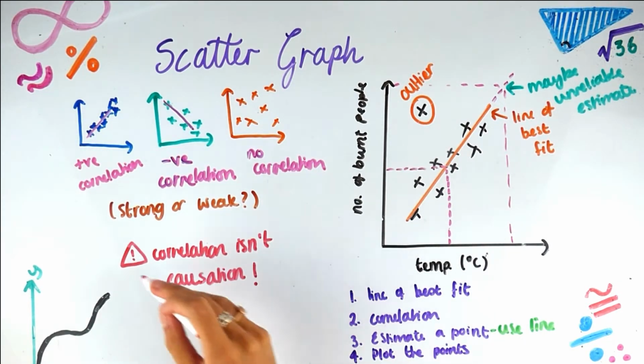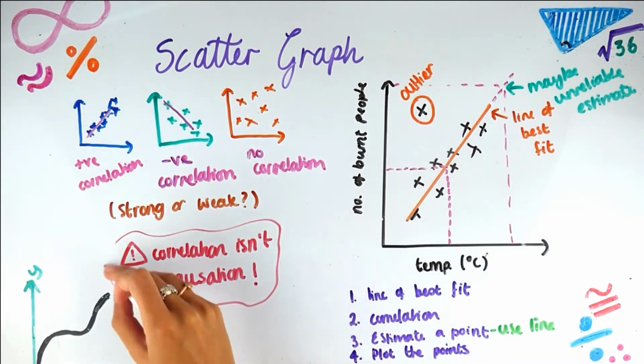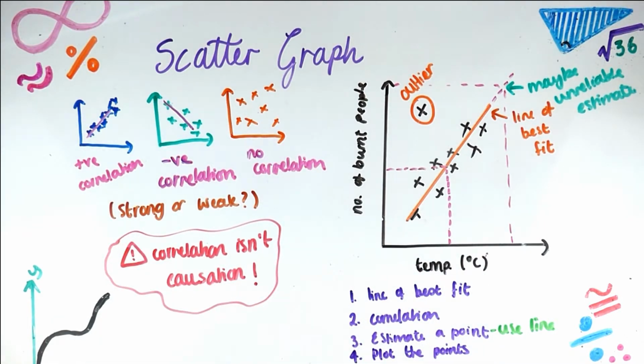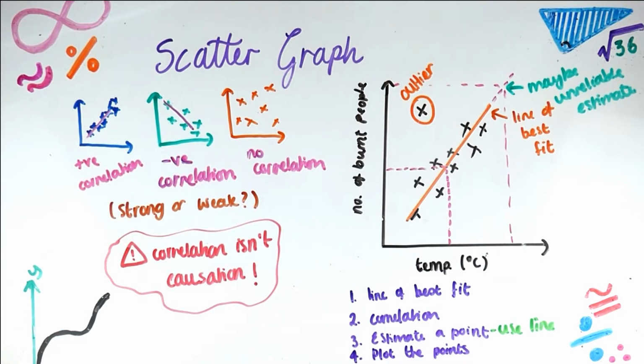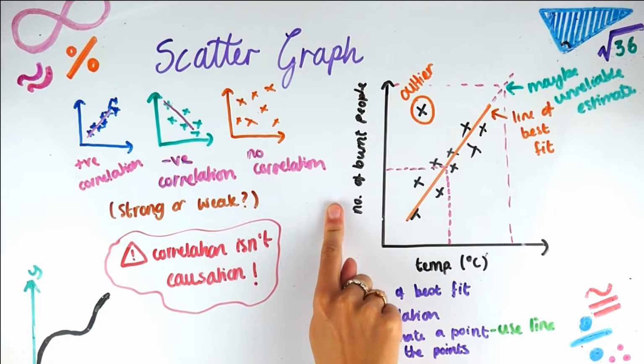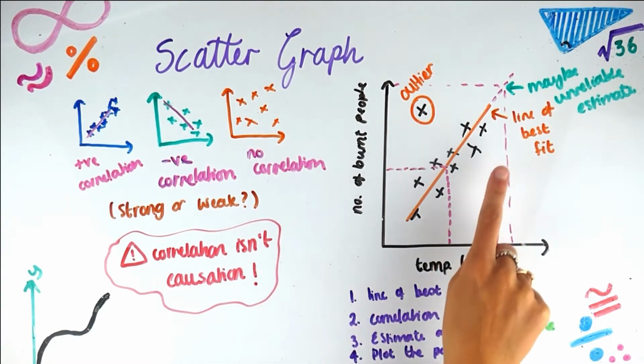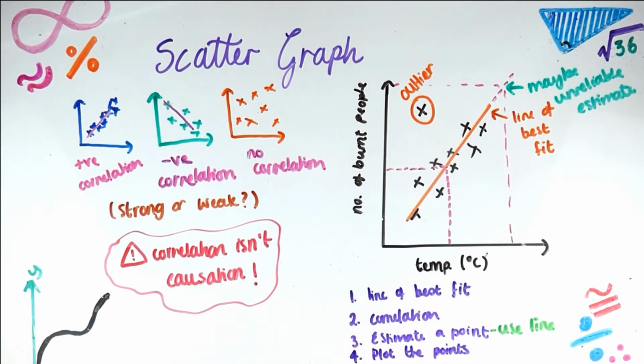This statement, correlation isn't causation, basically means that the correlation, the pattern, so if you have one thing increasing and another thing increasing, so let's say I have a positive correlation, isn't causation. It doesn't mean that one causes the other. In this example, the temperature increases and the number of burnt people goes up. That does seem like the correlation is causation, because at a high temperature, more people are likely to burn.